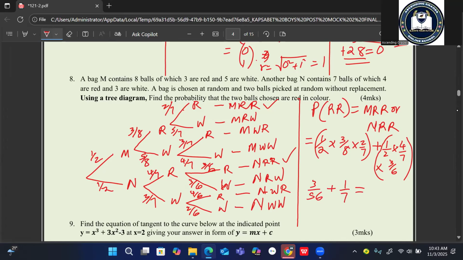Which gives us 11 out of 56. So that's the probability that the two balls chosen are red in color.